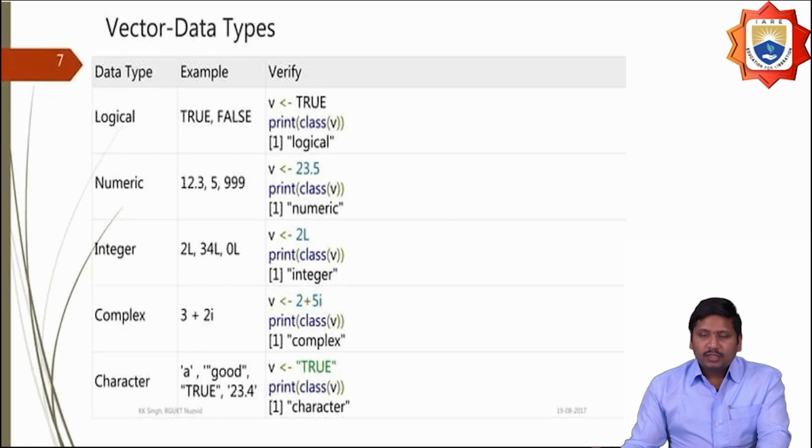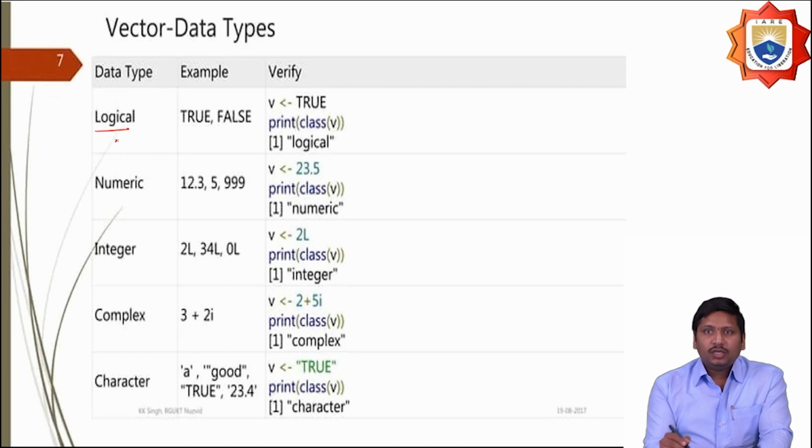If you look at the vector data types, we have logical, which means it may be either true or false, and numeric, which may be 12.3 and such values, then integers, complex, and character.